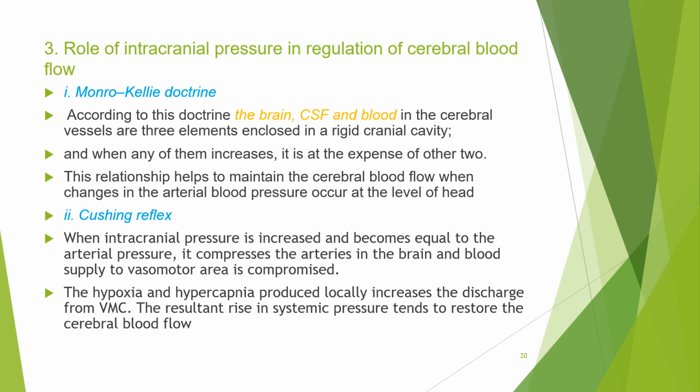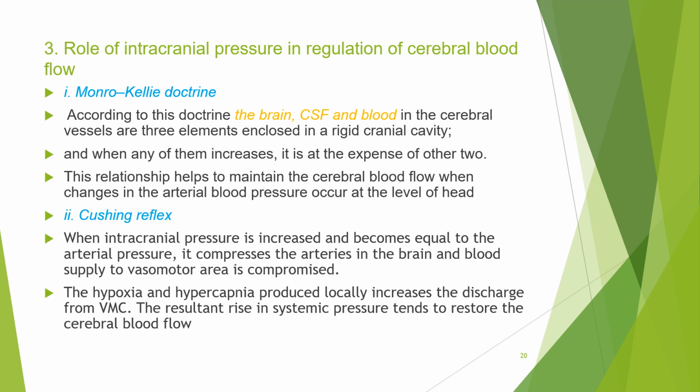Then what happens? If any one of them is increased, then the rest of the two will be decreased. This relationship helps to maintain cerebral blood flow when changes in the arterial blood pressure occur at the level of the head.